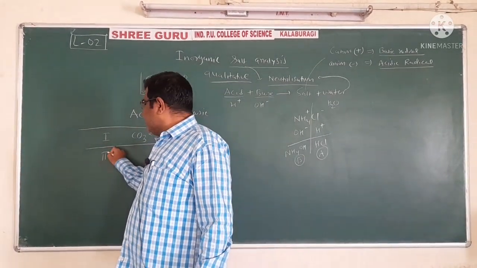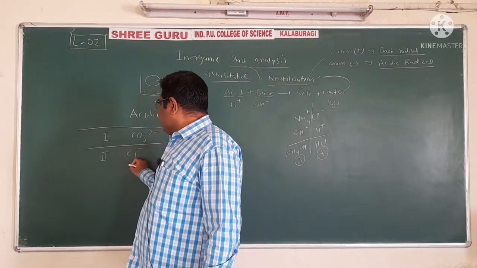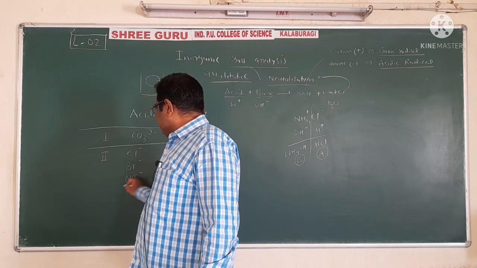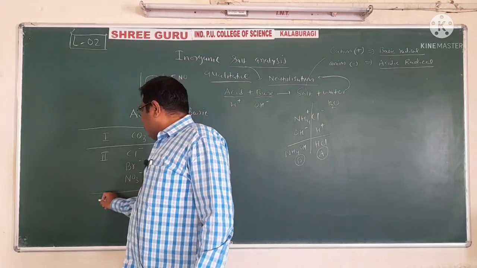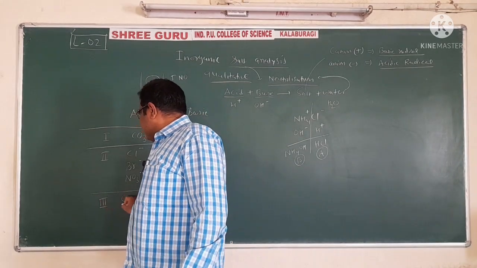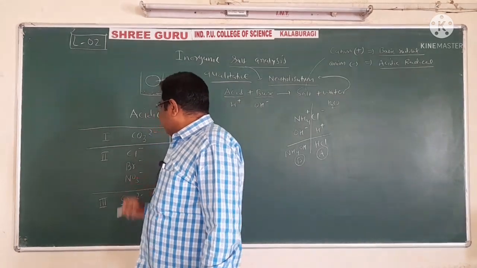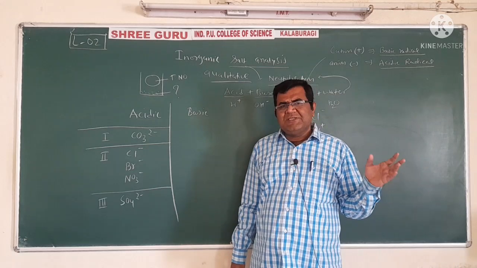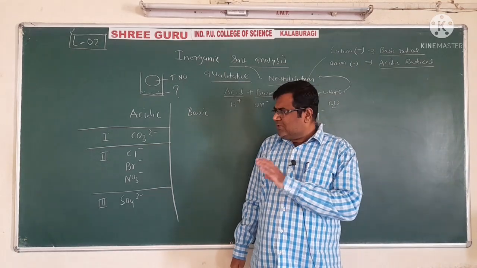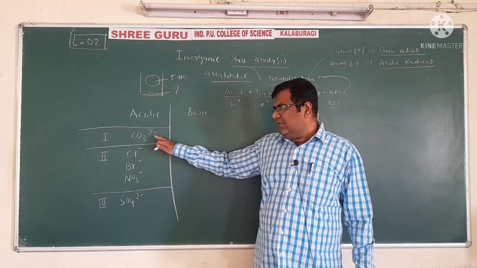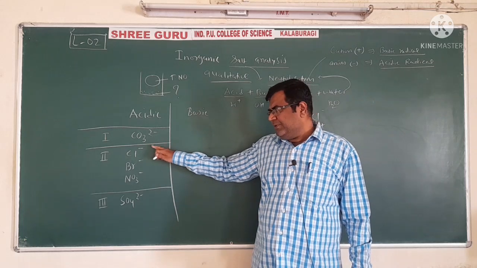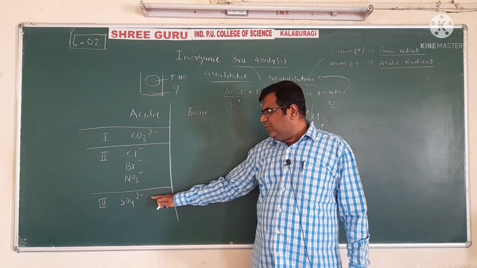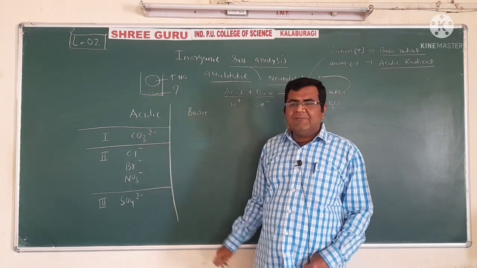Group number 2 acidic radicals are chloride, bromide, and nitrate. And group number 3 radical is sulfate. So this is only our syllabus. There are many groups and many radicals, but you should not bother about them, only those which are in our syllabus. Group 1 is carbonate, group 2 is chloride, bromide, nitrate, and group 3 is sulfate for the acidic radicals.